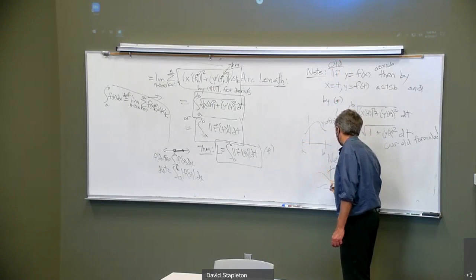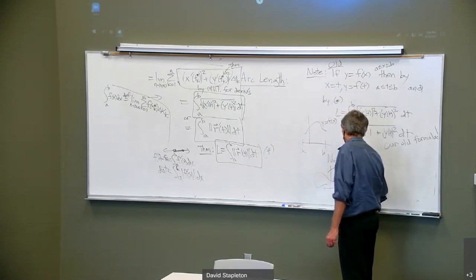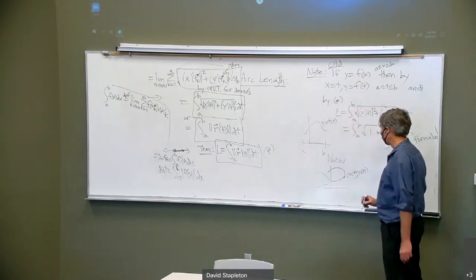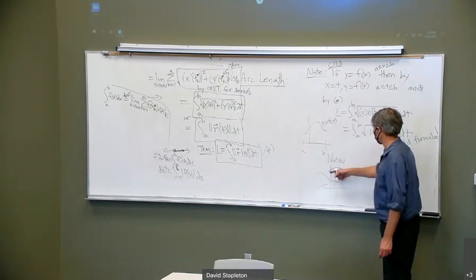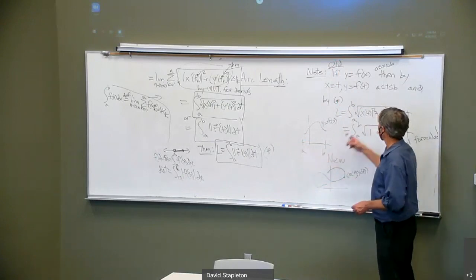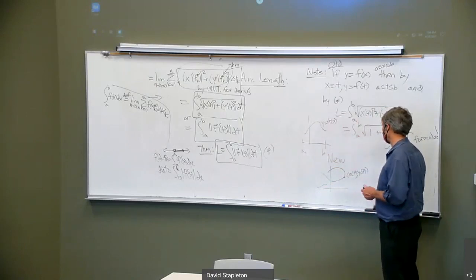It can wander all over, giving these points x of t, y of t, because x and y are each a function of parameter t. And now you can do an arc length of a curve that's not a function. That's the idea. This formula could only do y a function of x. That one does a much more general curve.